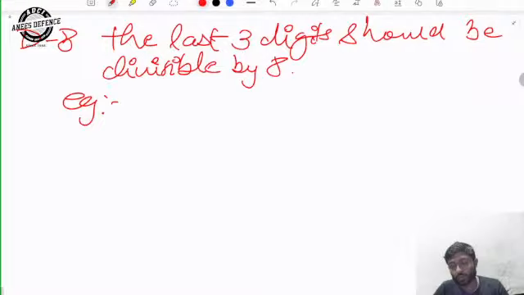Example, we cannot go with the table obviously because we have to see the last three digits. So we will say 1024.